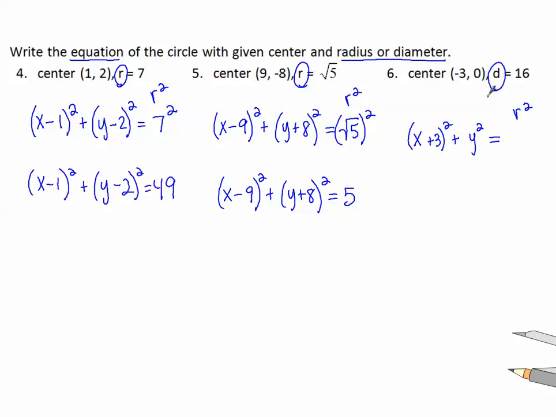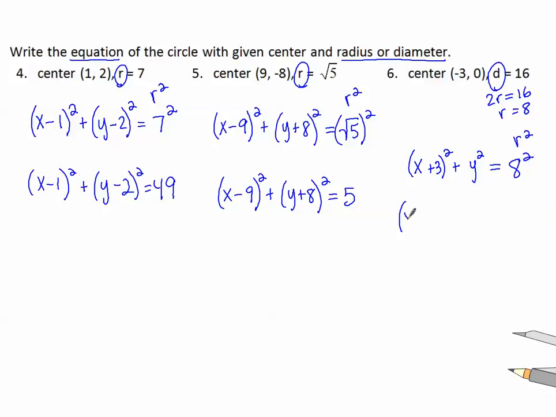Remember that the diameter is twice the radius. So 2r equals 16. Therefore, the radius is half of that. The radius is 8. So 8 squared is what we're plugging in our equation for the circle. And then 64 finally. That's not too bad, right?